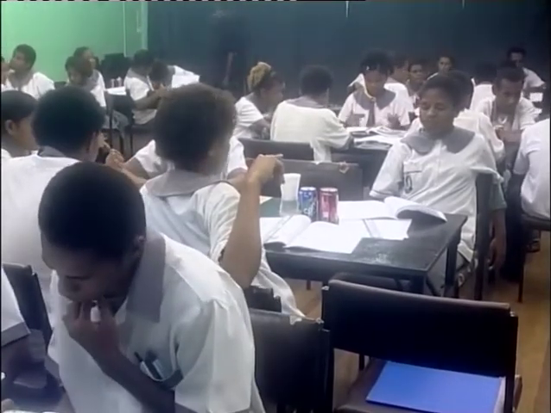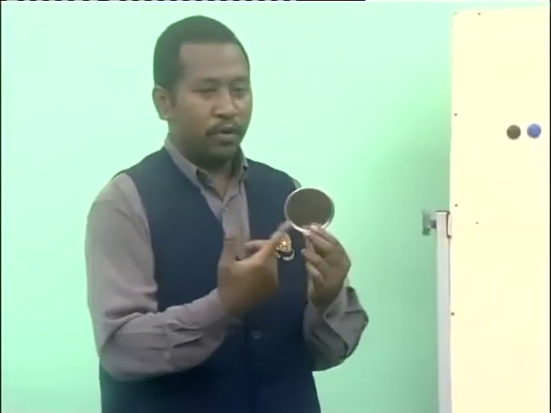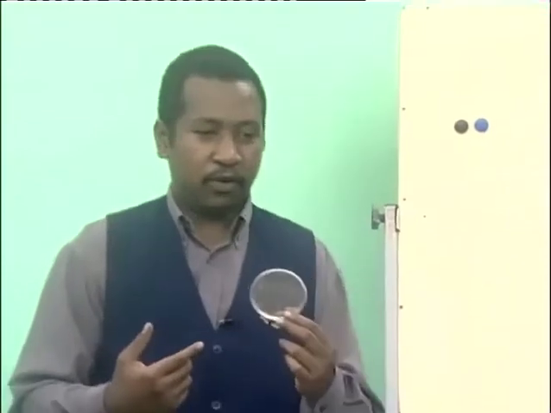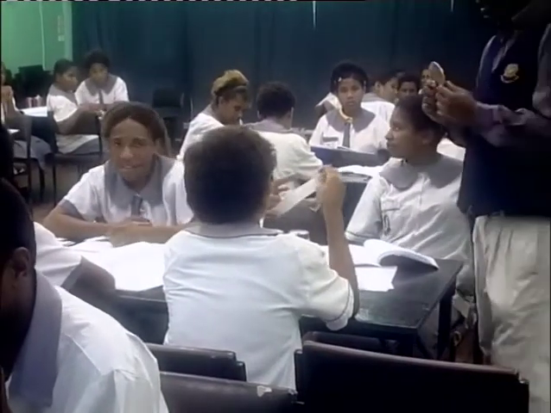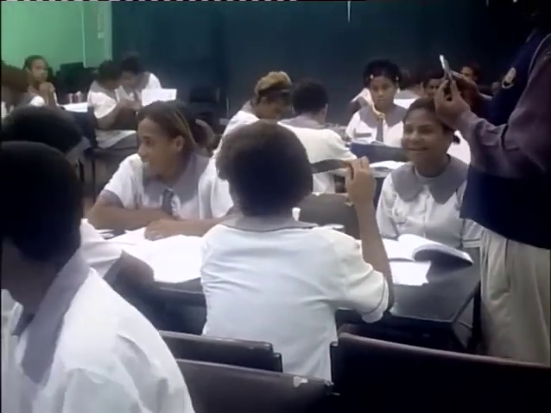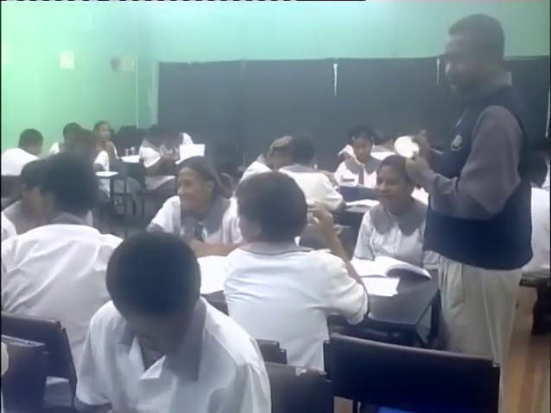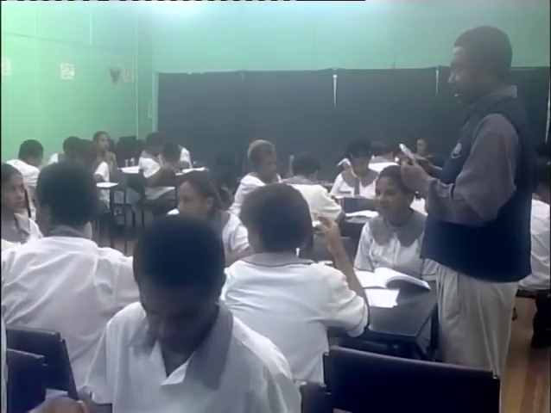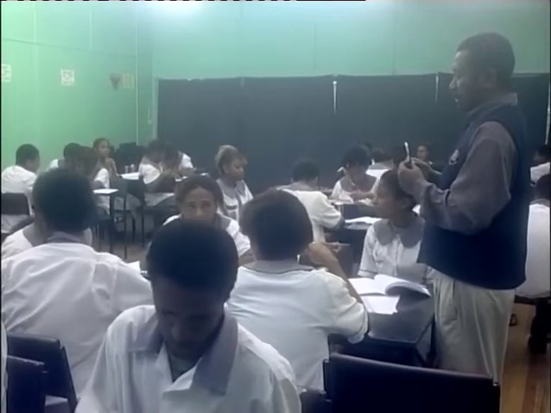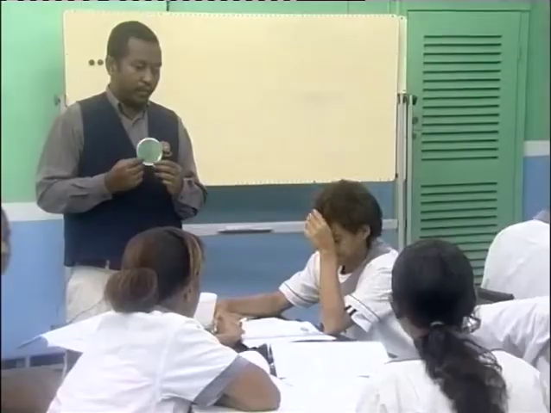How can we measure the diameter? Remember, the diameter is the chord passing through the center of the circle. This group here, would you like to try? Can you tell us how you can measure the diameter of the circular object, like this tin can or the coin?